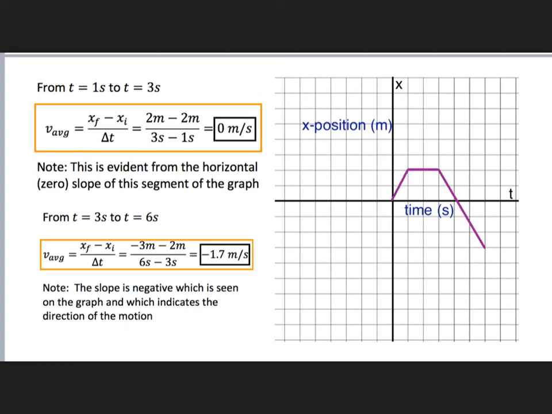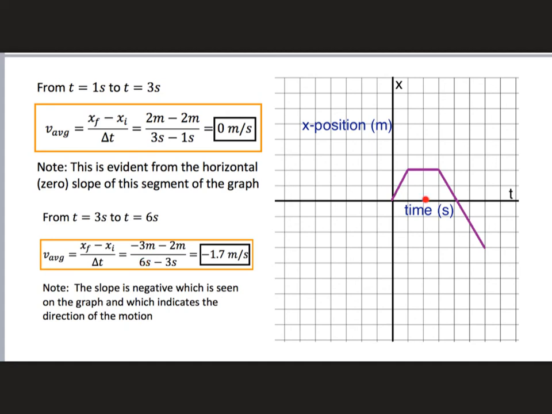And then the last portion of the graph, we can see that it has a negative slope. So let's see if that shows up in the math. We can again plug in x final minus x initial. The final position is 1, 2, 3 down, so that's negative 3. And the initial position was 1, 2 up, so that's going to be minus 3 is the final position minus the initial position, which is 2, divided by the time, 6 seconds.